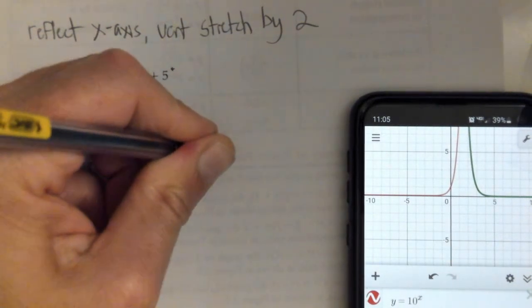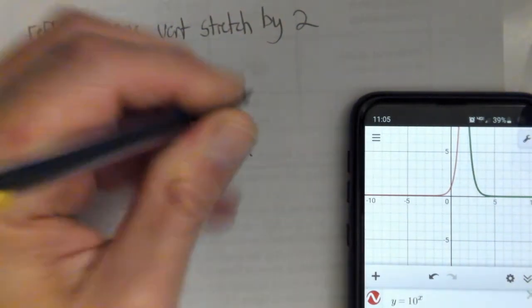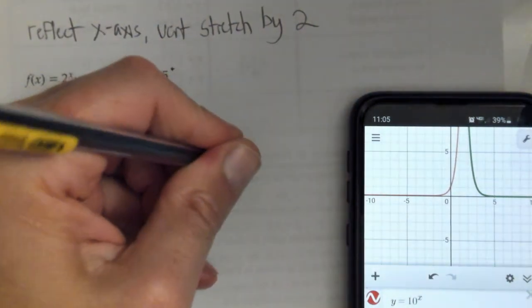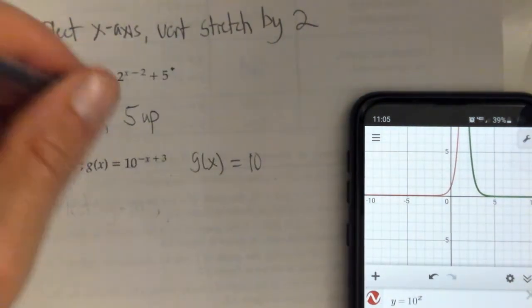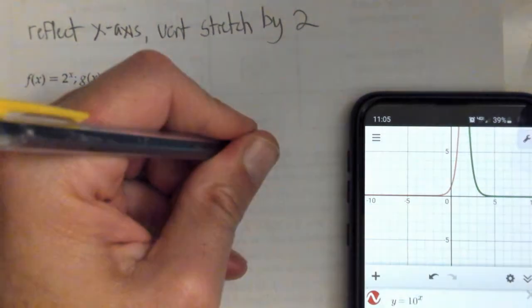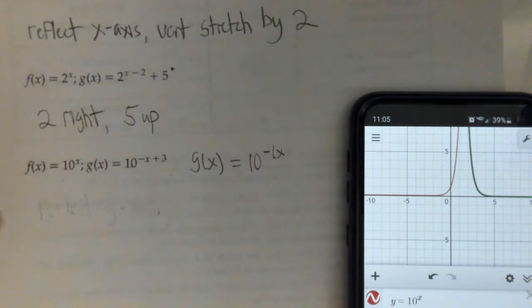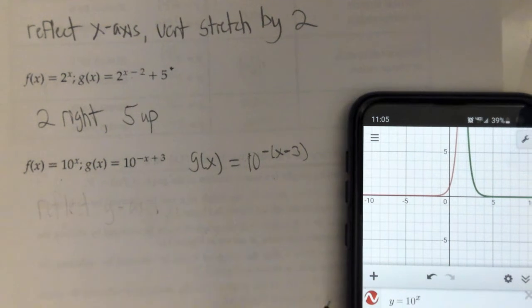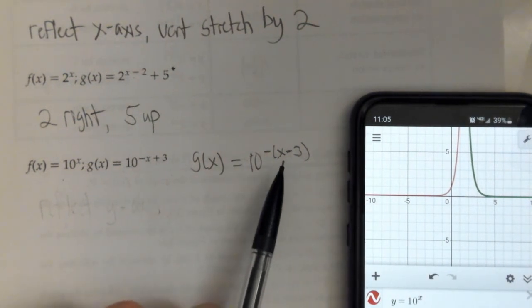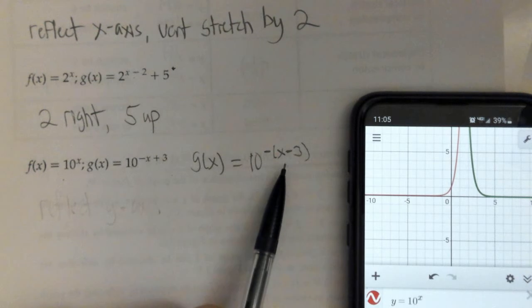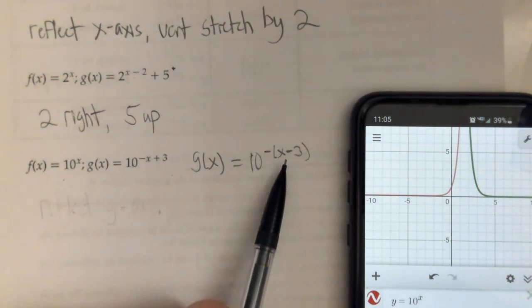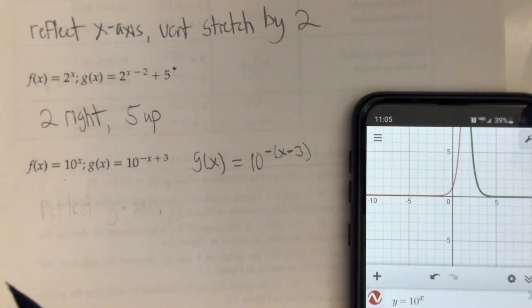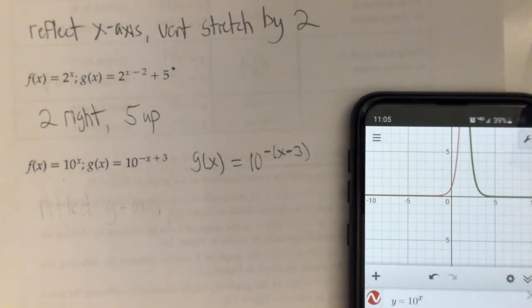G of x equals 10 to the power, and if I rewrite this power as negative, open parentheses, x minus 3, we can actually see that minus 3 should be sending it over to the right hand side, and then it's going to be reflecting across the y-axis. That's the way that we need to think about this.